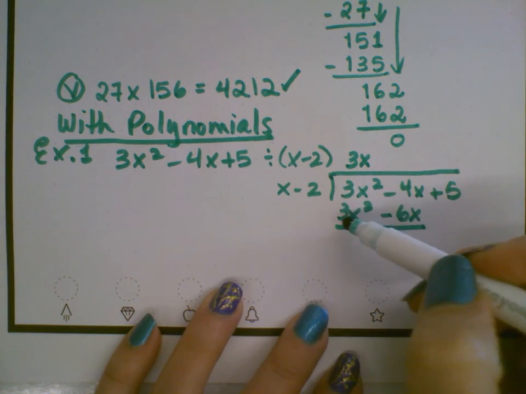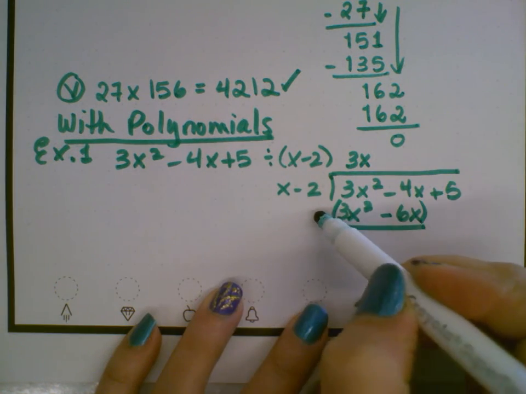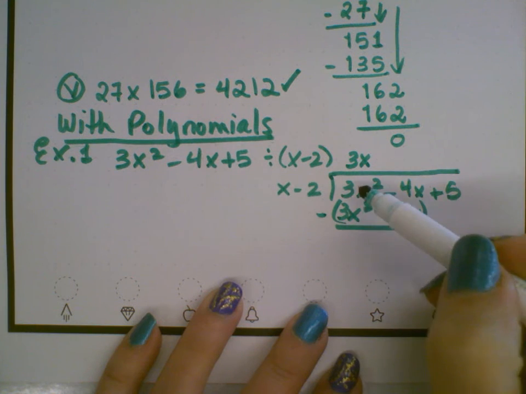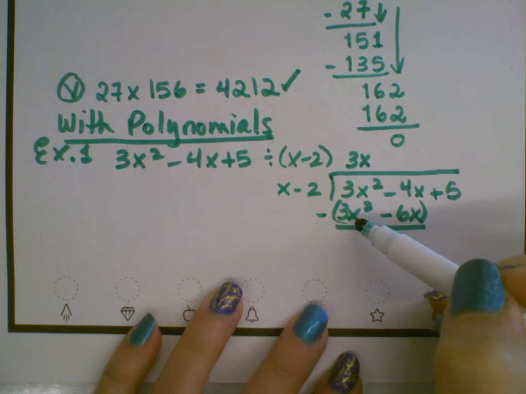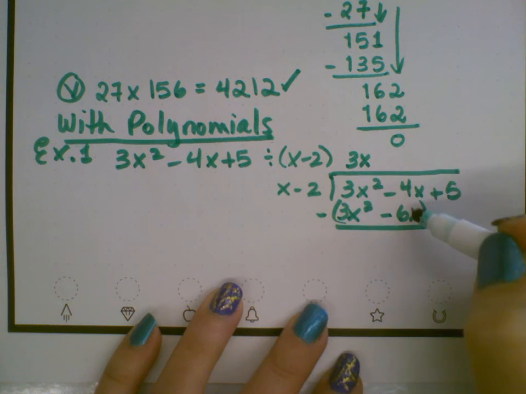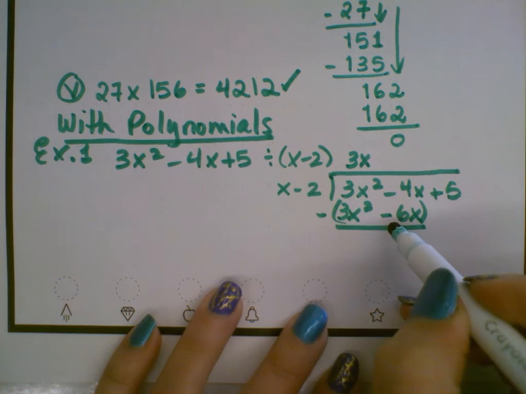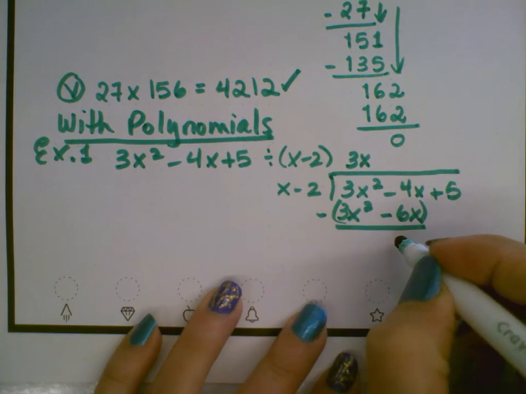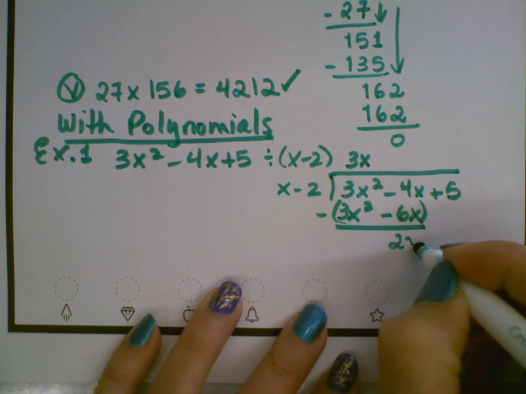So now when I subtract like this, the first two are eliminating each other, right? They cancel each other out. The second piece is here, so negative 4x subtract negative 6x is actually going to land me at a positive 2x.